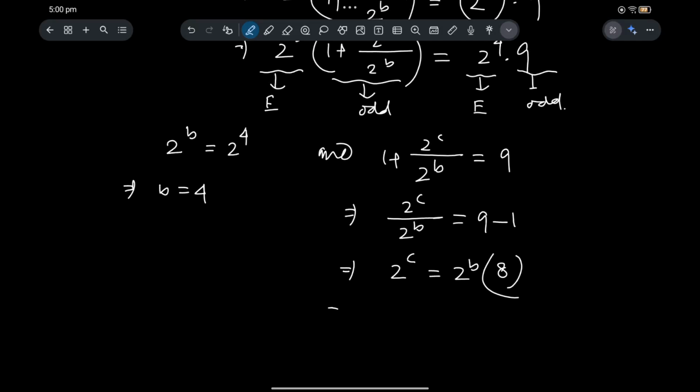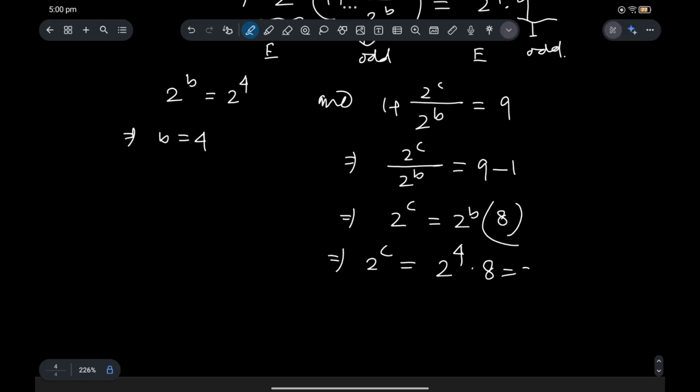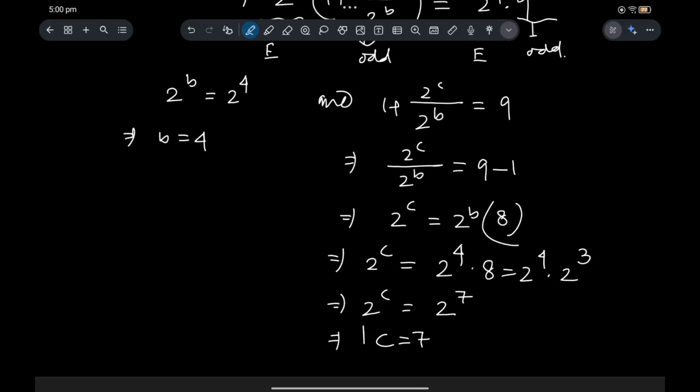Now b equals 4, so 2 to the power 4 into 8. 8 can be written as 2 cube. So basically 2 to the power c equals 2 to the power 7. So here c equals 7.